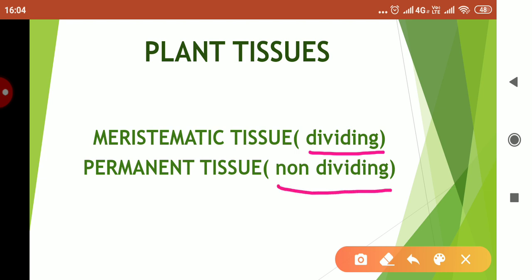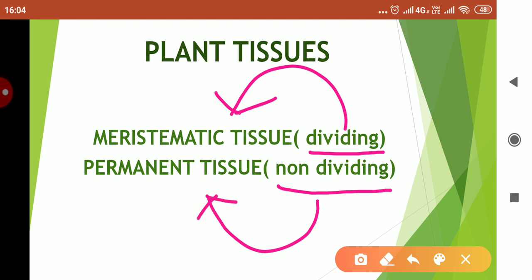Now these dividing tissues are called meristematic tissue and the non-dividing tissue is called the permanent tissue. Now children, in this video I'm going to explain to you about the dividing tissue, that is the meristematic tissue.